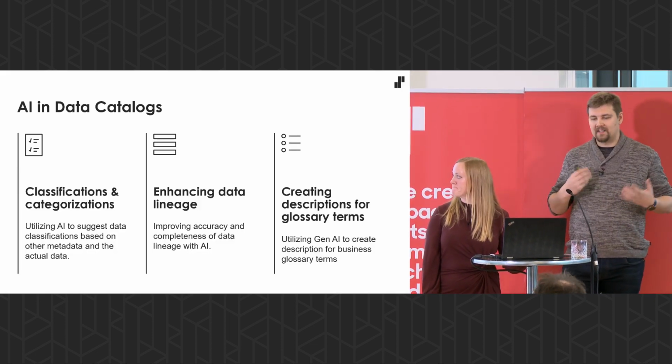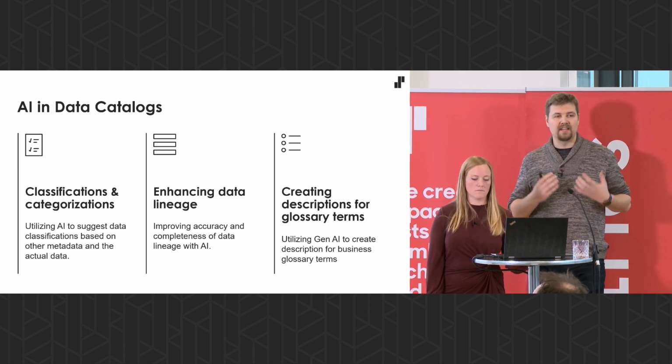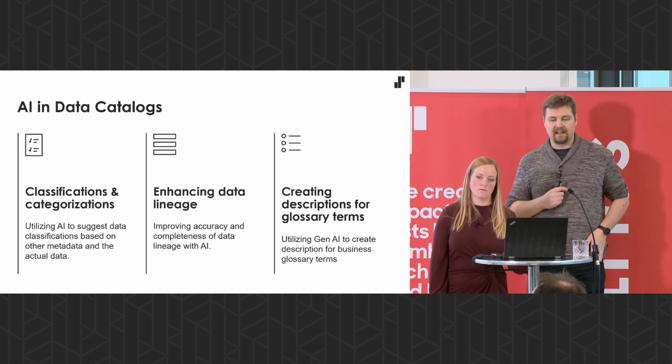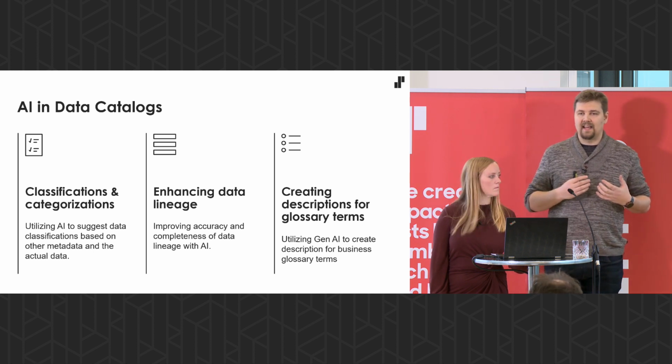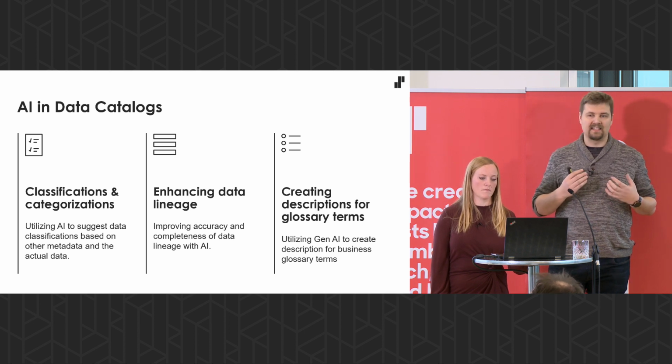So first, what does AI bring to the data catalog? It can bring automation and intelligence to classifications and categorizations, so that people do not need to do that much classification and build these taxonomies from scratch, but the AI can assist.